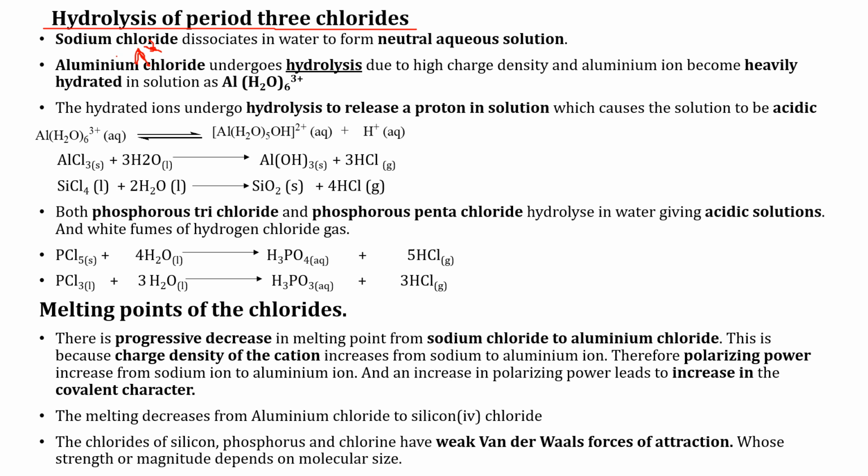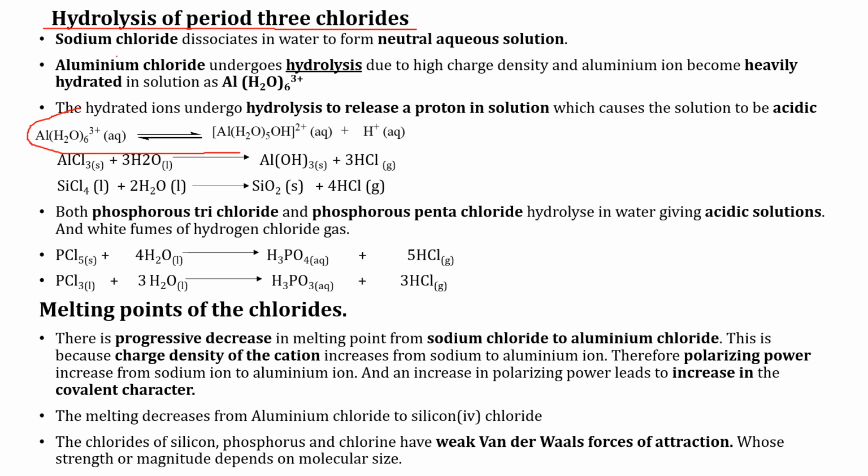If you look at aluminium chloride, it undergoes hydrolysis, and the reason for hydrolysis is due to high charge density. The higher the charge density, the higher the polarizing power. So the aluminium ion in aluminium chloride greatly polarizes the water molecules. It is going to attract water molecules towards itself, like here in the first equation.